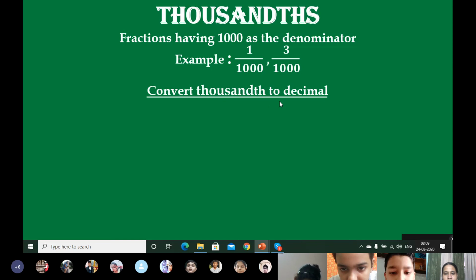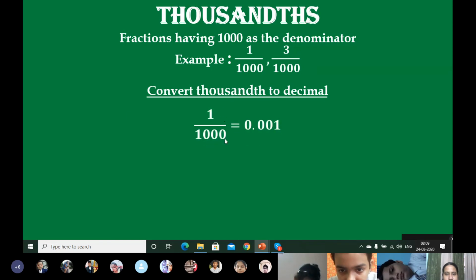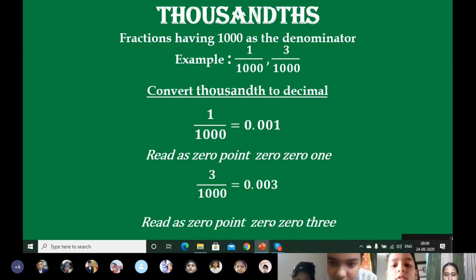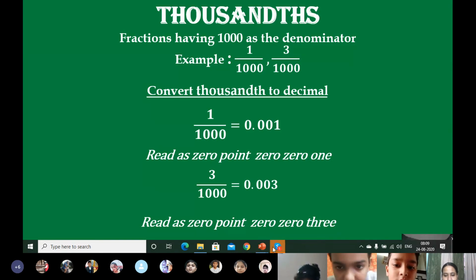Convert thousandths to decimal. 1 by 1000 is equal to, see, now we have 3 zeros, so we shift the decimal by 3 positions: 1, 2, 3. We read it as 0.001. Now 3 by 1000 becomes 0.003. Any confusion till here? No, ma'am.